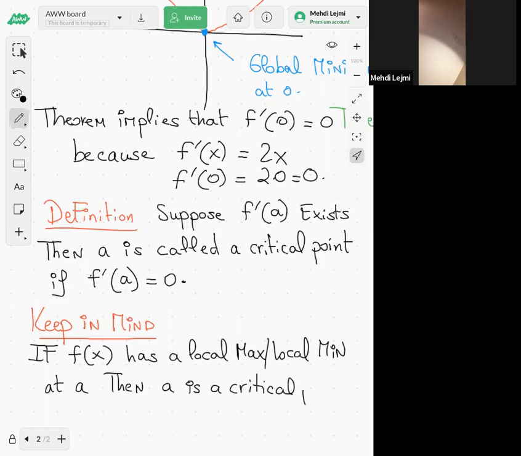And again, what do I mean by critical point? I mean f prime of a is 0. That's just the definition of critical point.